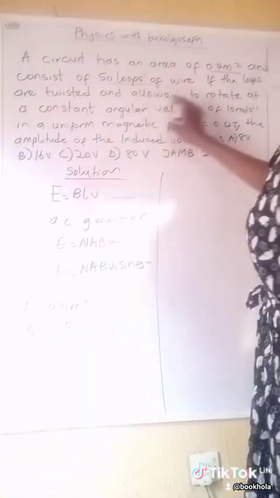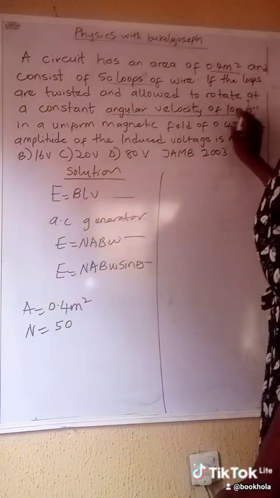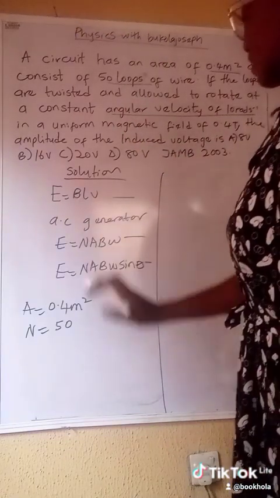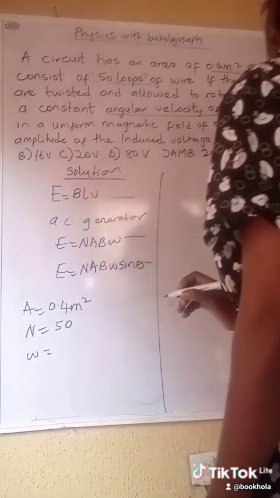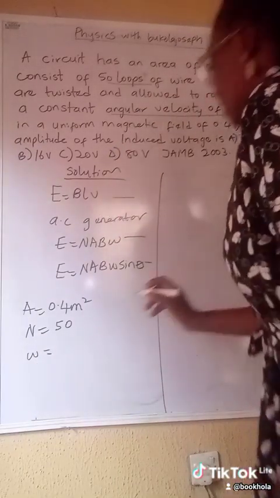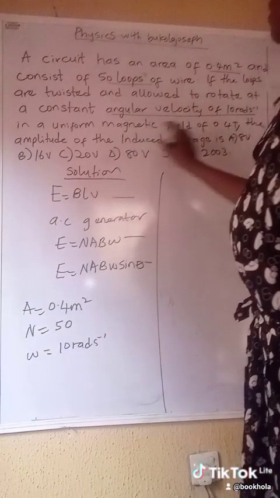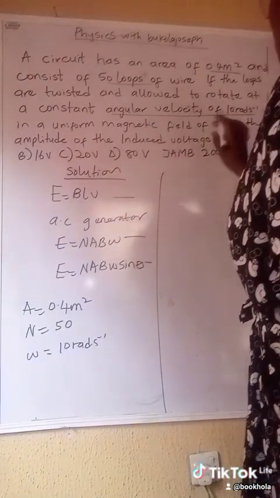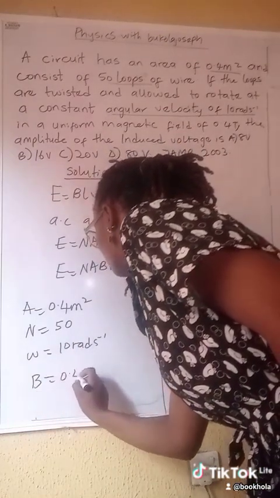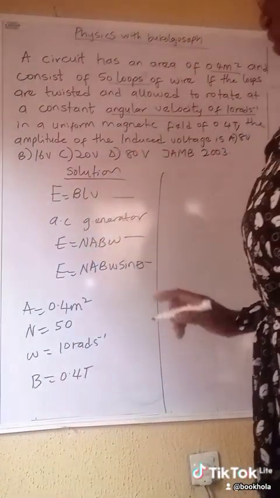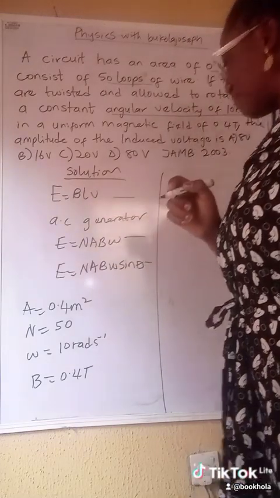The loops rotate at a constant angular velocity, W, so W is equal to 10 rad per second. And in a magnetic field of 0.4 Tesla, so we are given B to be 0.4 Tesla. I already told you that magnetic field is measured in Tesla or Weber per meter square.